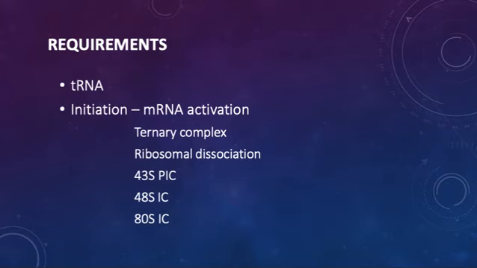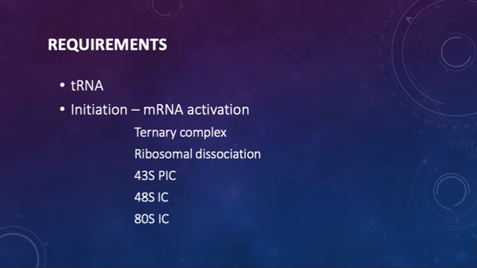So in initiation, you require the mRNA that is activated. Then there is formation of the ternary complex, and then the ribosomal dissociation takes place, and then you have the formation of 43S pre-initiation complex, and then the formation of the 48S initiation complex and the 80S initiation complex.